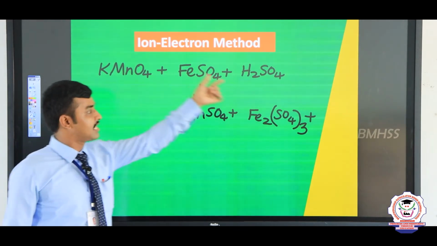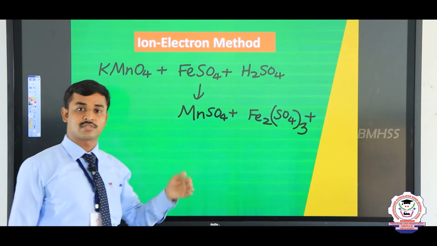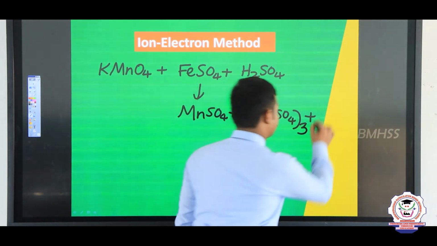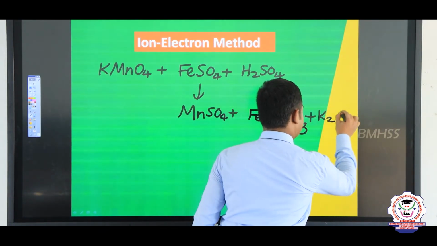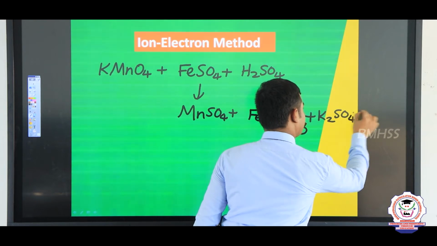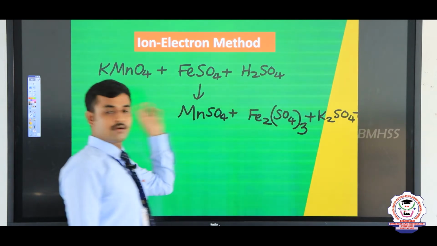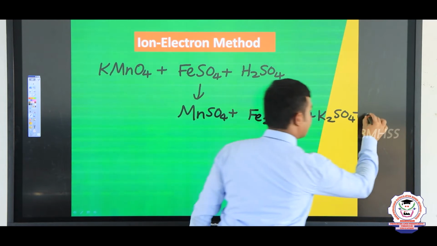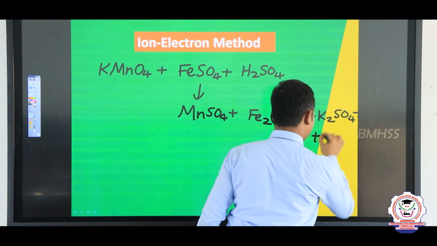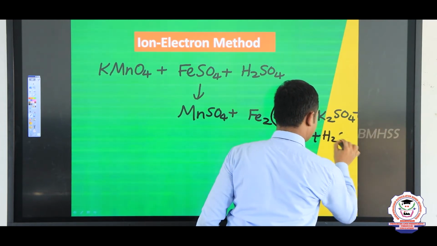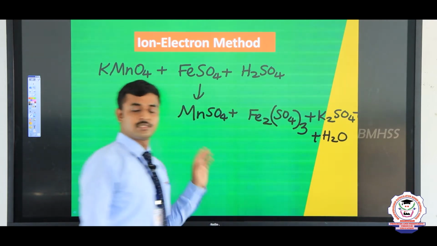When potassium accepts sulfate ions, it forms potassium sulfate, K2SO4. The remaining hydrogen and oxygen atoms are eliminated as water molecules. So, this is the equation.